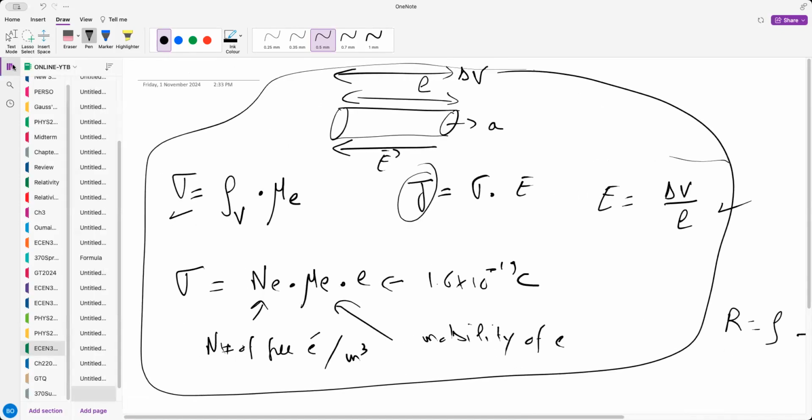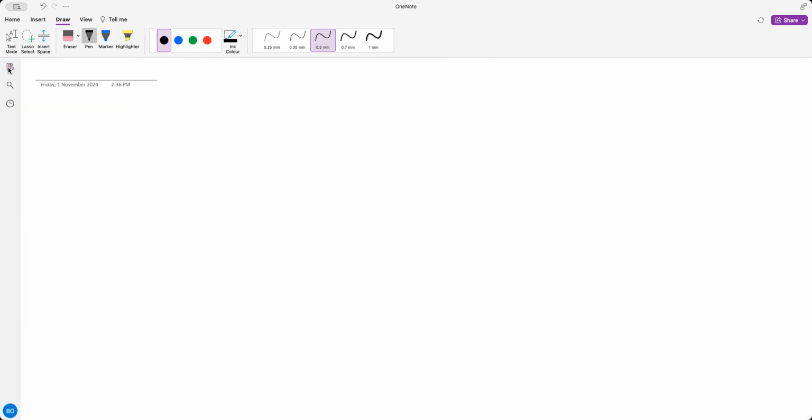The last thing is chapter 5, which will be a bonus question. As I mentioned, in chapter 5 we have the equation where the flux is equal to 0, and this is given.